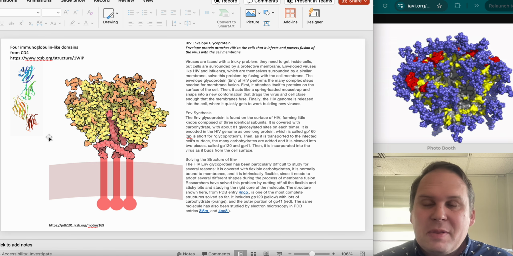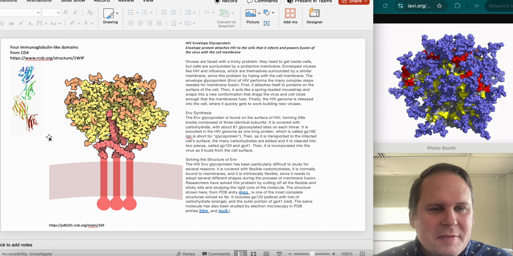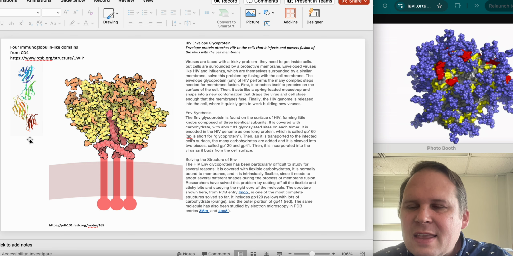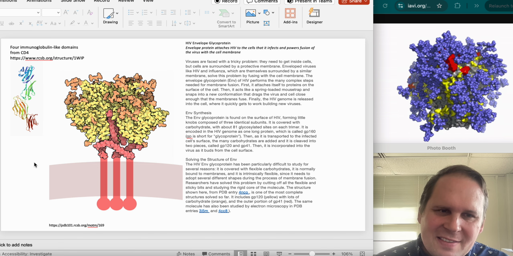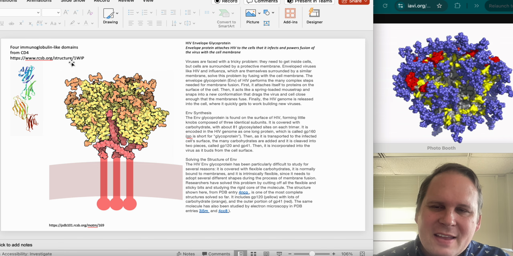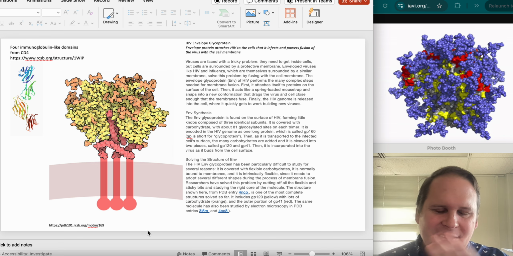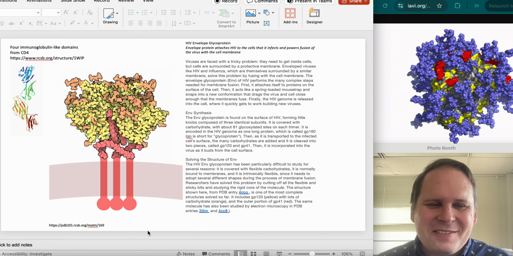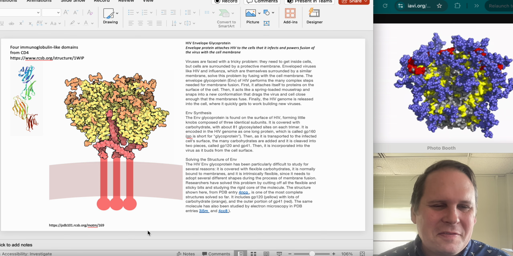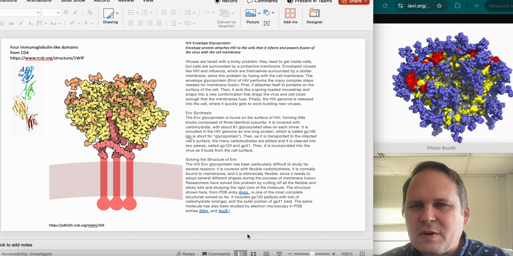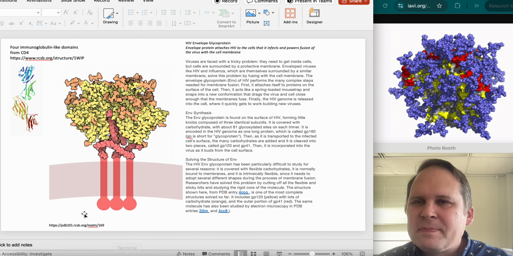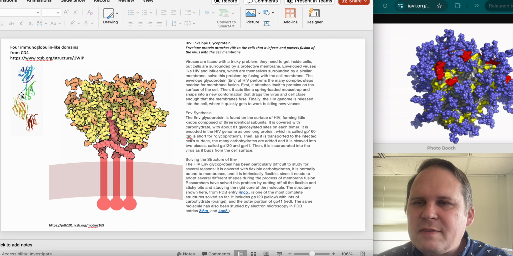So these immunoglobulin-like domains, there are 4 of them in CD4, and then there is a transmembrane region down here that they can't solve in the same crystal structure. It's the same problem you've got here. You can solve the top of it, but the part that's stuck in a membrane is just obnoxious to solve. Although I believe there's a decent cryo-EM structure for at least HIV envelope. All right, so CD4.